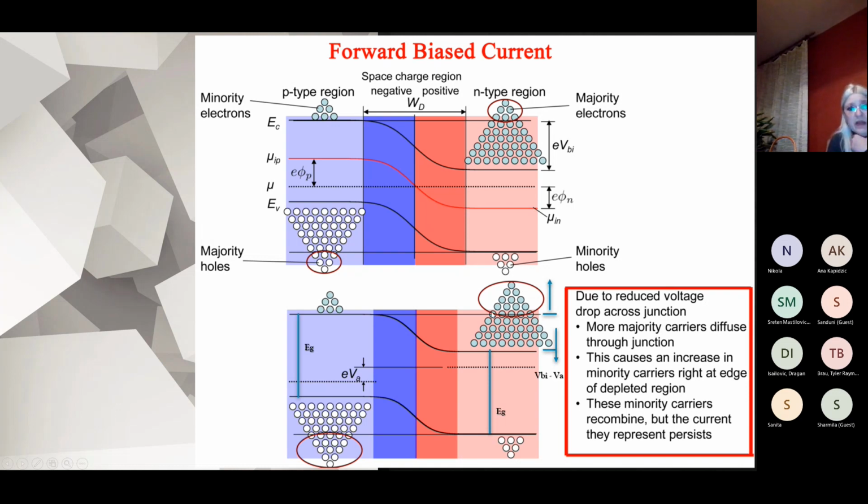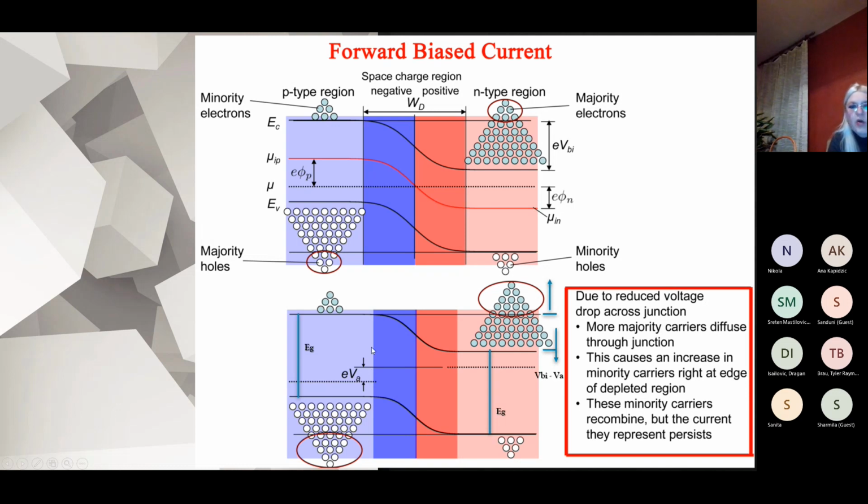And that means that now a much higher number of electrons go from the N-type region to the junction and to this P-type region. That means that many of the electrons now, which are in excess, will be situated here next to this depletion region.